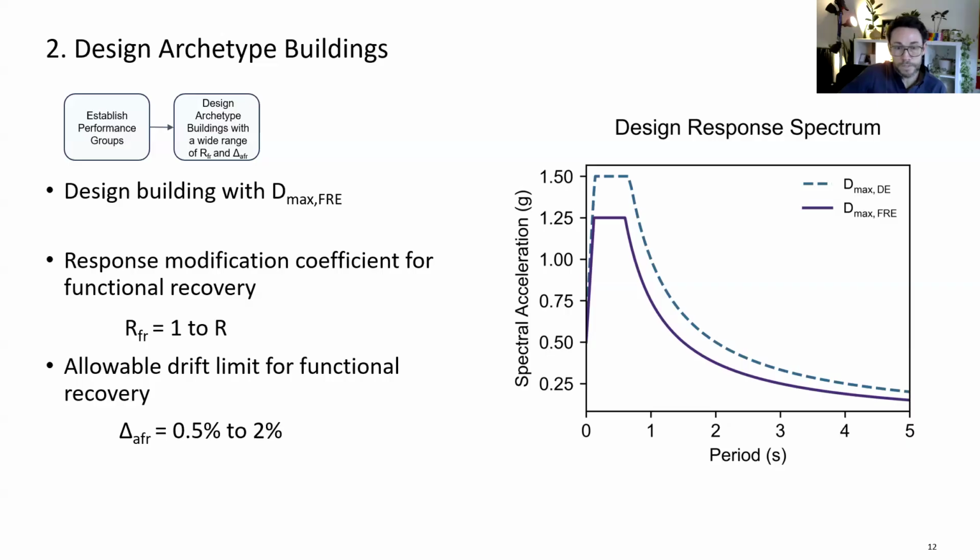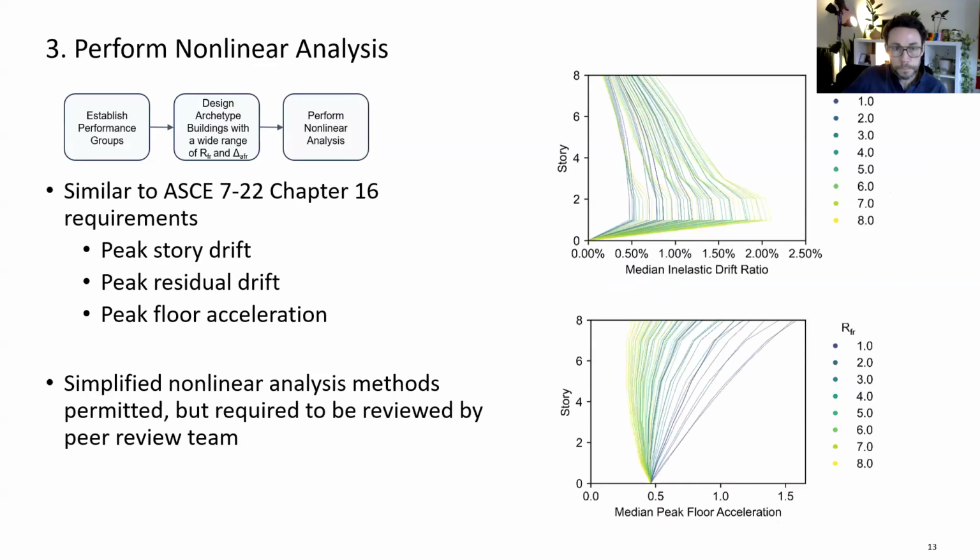Then we vary some of the variables that I introduced earlier, right? We're going to look at designs that have different RFR values that go anywhere from 1, so an elastic design, to the R that's used currently in life safety, and allowable drift limits that go anywhere from 0.5% to 2%. With this later, we'll be able to select appropriate values for each system so that we can minimize the probability of safety critical structural damage.